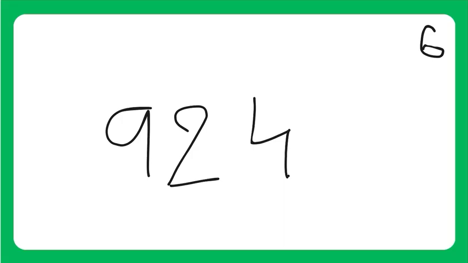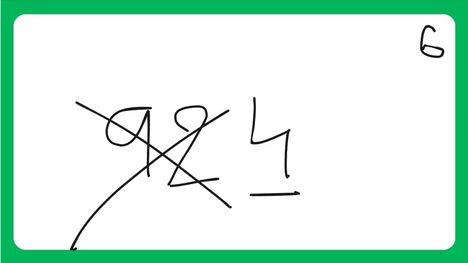So for 6 we will first check if it's divisible by 2, and then check if it's divisible by 3. For this example we have 924. For 2, as you remember, cross out anything except the ones place and check if this number is even. 4 is one of those 5 numbers I had shown: 0, 2, 4, 6 and 8. 4 is an even number, which means it is divisible by 2.